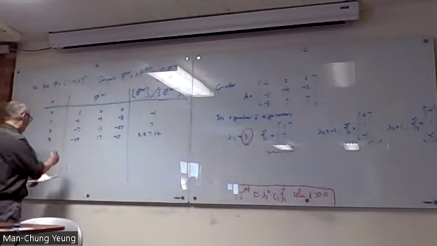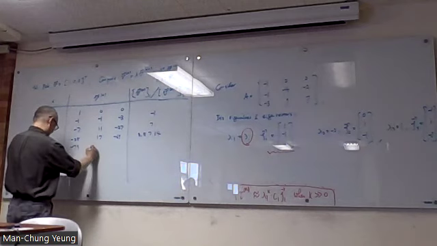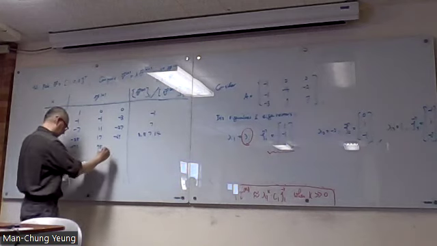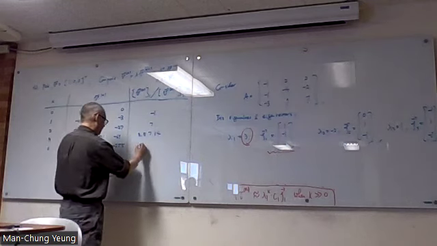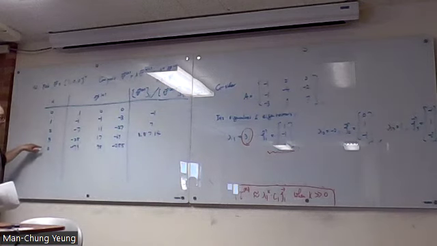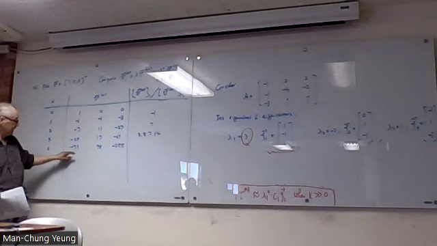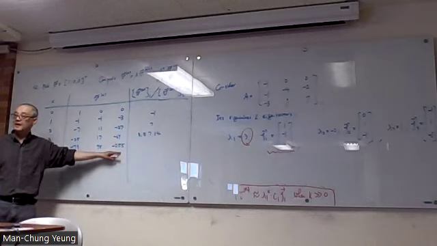K is 4. Okay. 79, 95, 455. Right? Can you see? The magnitudes of the entries of Vk are increasing.